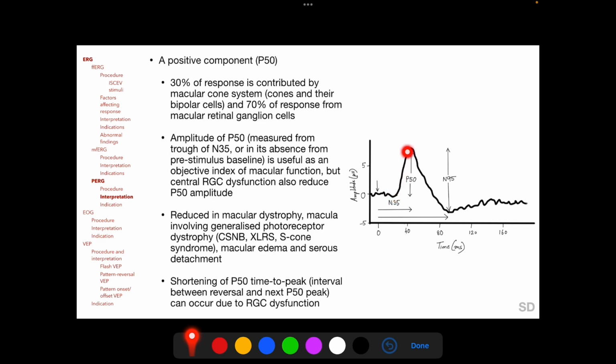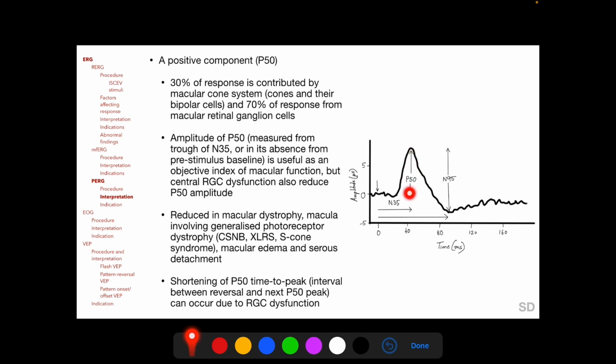Then there is a positive deflection called P50, 30% of which is contributed by the macular cone system and 70% of which is contributed by macular retinal ganglion cells. Amplitude of P50, which is measured from the trough of the N35 or in the absence of N35 from the pre-stimulus baseline, is useful as an objective index of macular function, but central retinal ganglion cell dysfunction may also reduce the P50 amplitude.